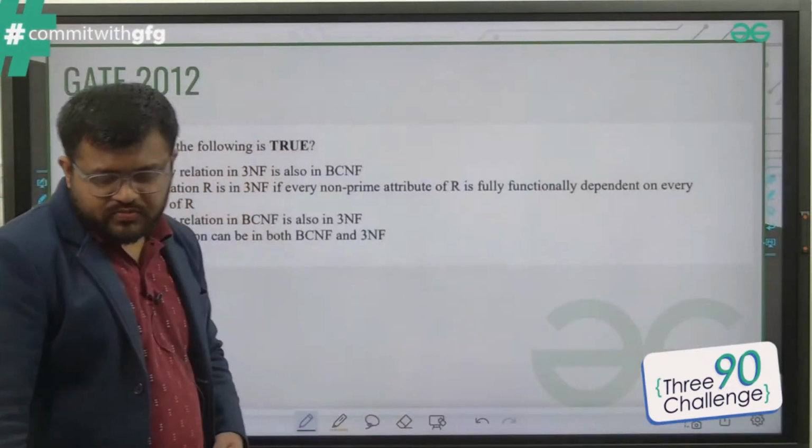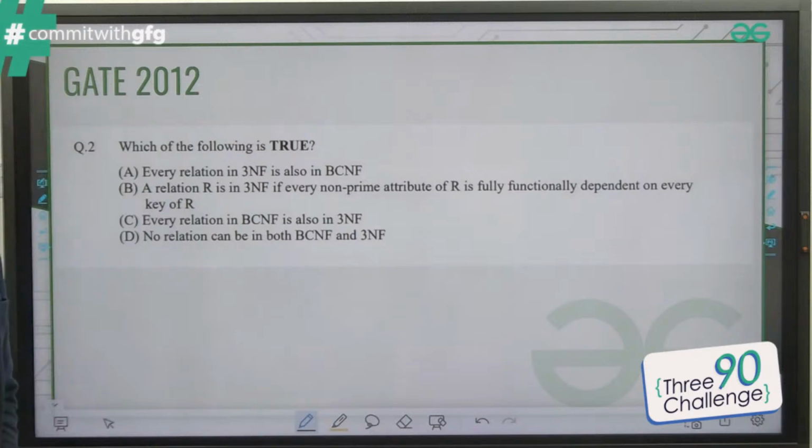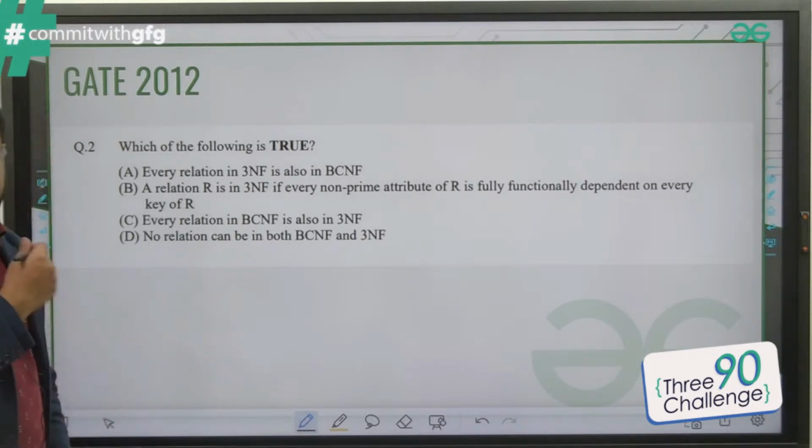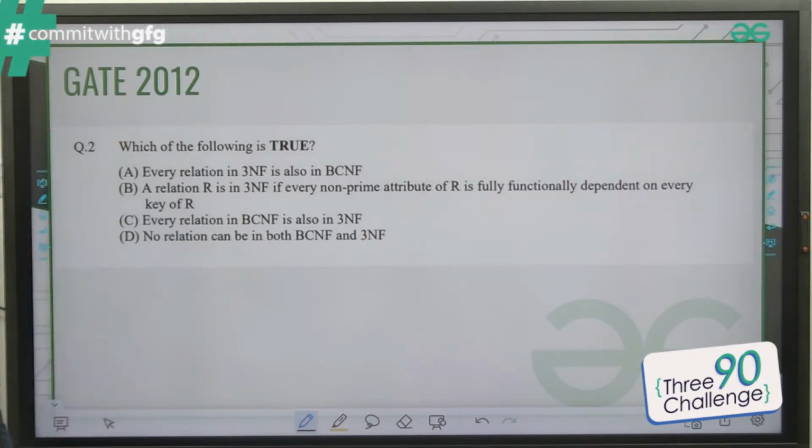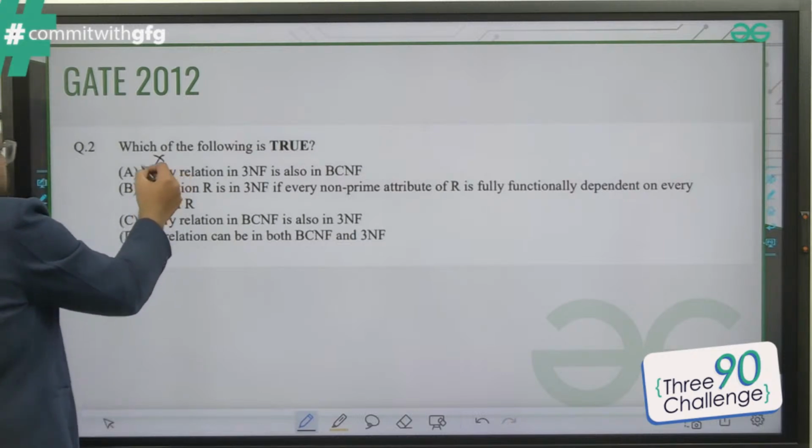Look at this question. Which of the following statements is true? Every relation in 3NF is also in BCNF. Not necessarily true, right? We just now saw an example.